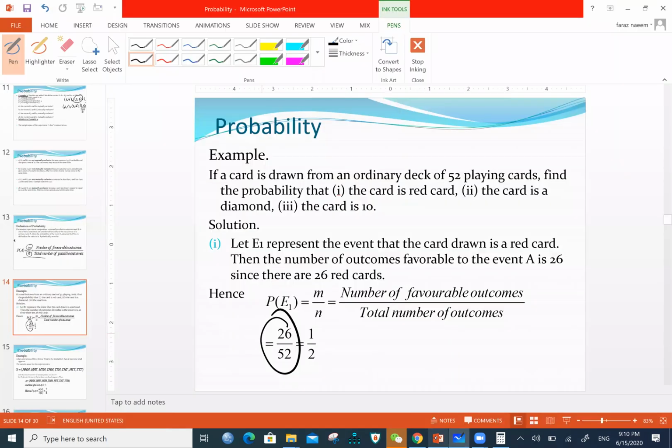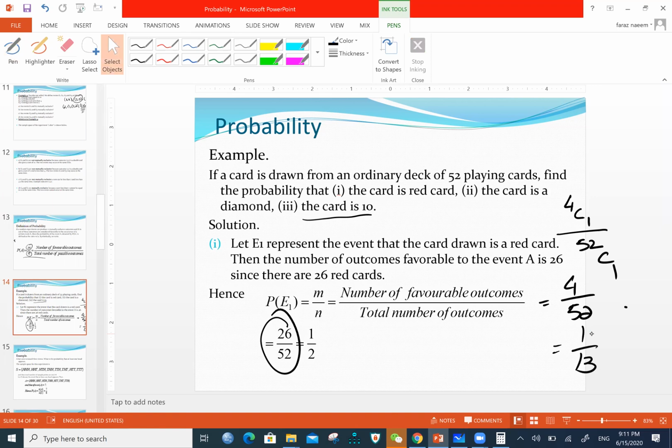The third is the card is 10. There are 4 cards with number 10. So 4C1 over 52C1. So it is 4 over 52, which is 1 by 13. Is that clear?